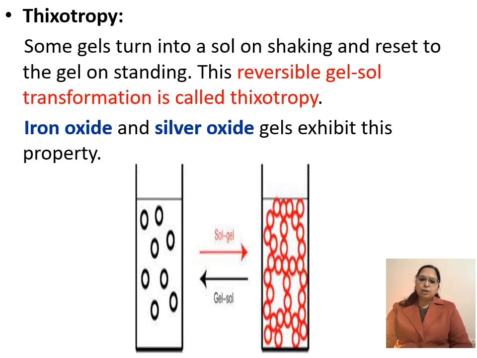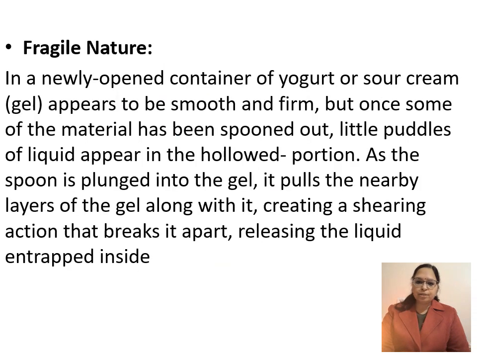This reversible sol-gel transformation is known as thixotropy. Iron oxide and silver oxide gels exhibit this property. And now in the market, thixotropic paints are also available. When you shake the paints, they become sol form, but on standing, they become gel again. This is a reversible sol-gel transformation, as shown in the figure.